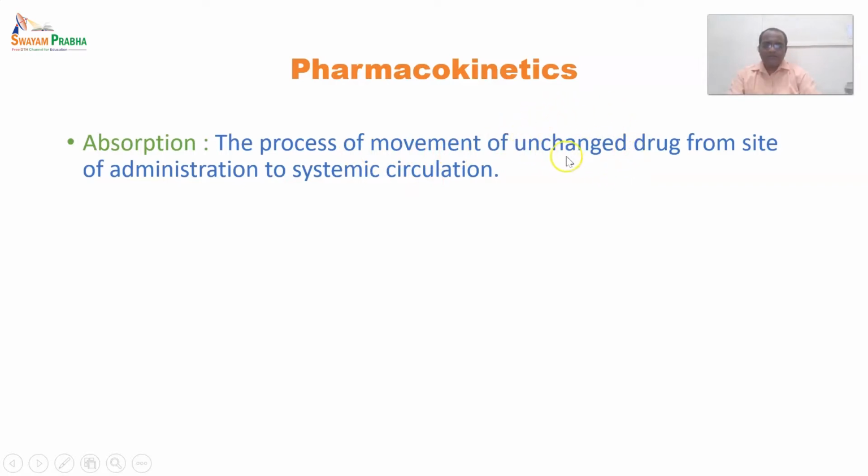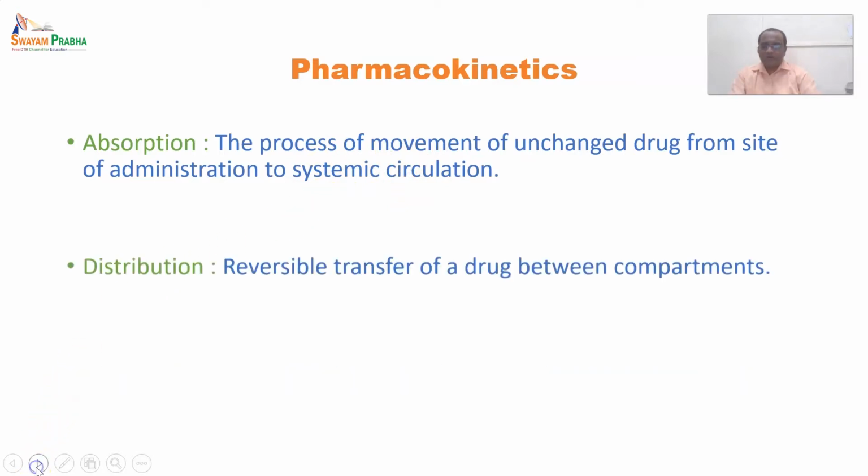So the drug property should not be changed, or there should be no alteration in the structure, and the drug should remain unchanged from the site of administration. The site of administration can be oral, rectal, parenteral, or transdermal. So the drug reaches the systemic circulation. It means that it reaches the bloodstream for distribution. So this is the first process in pharmacokinetics.